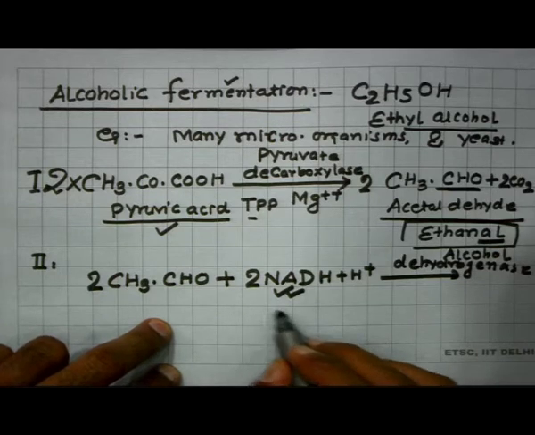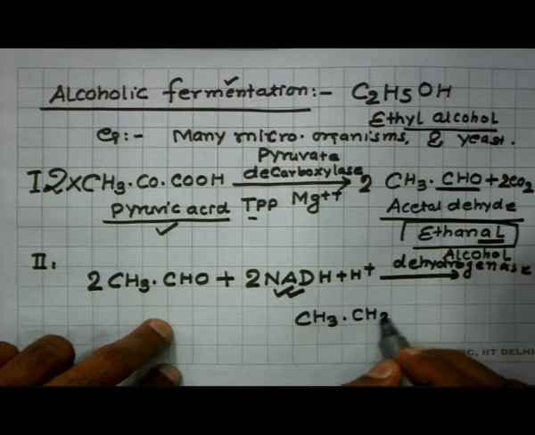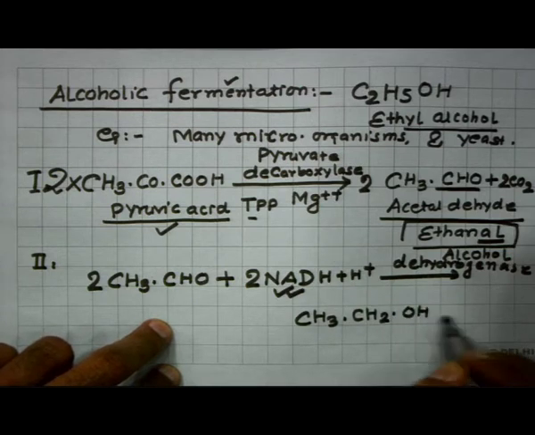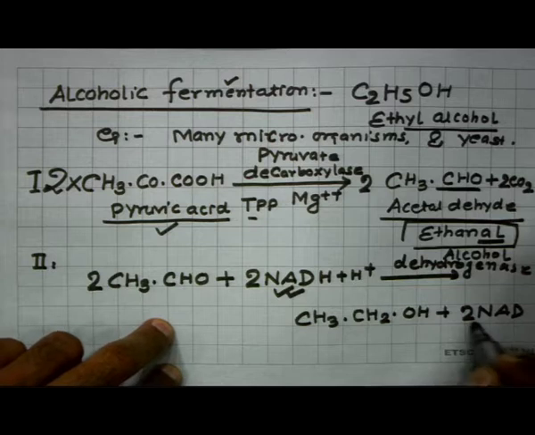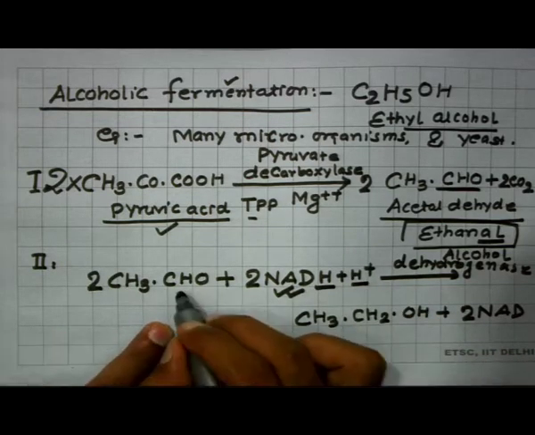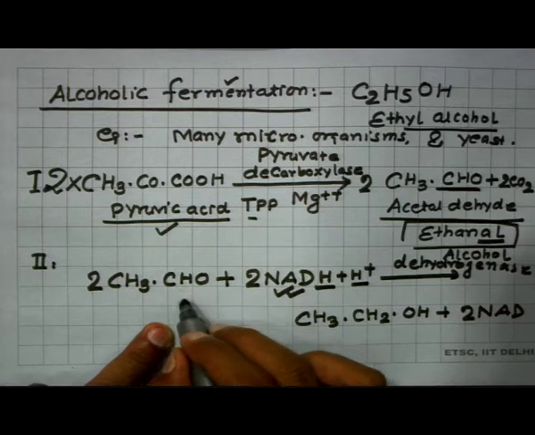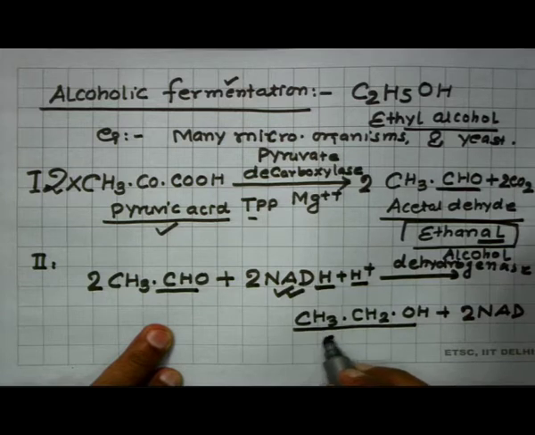Now, it forms CH3CH2OH plus twice NAD. These 2 hydrogens are used for the conversion of acetaldehyde into ethyl alcohol, also called ethanol.